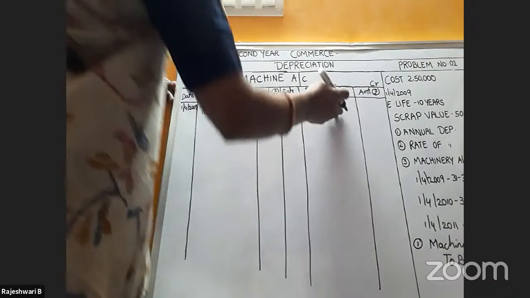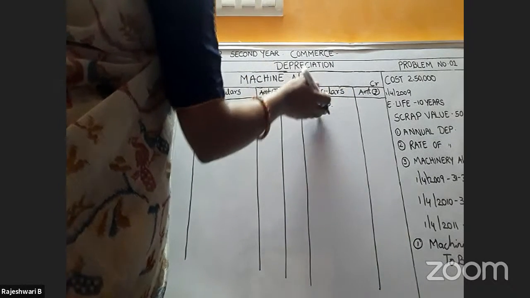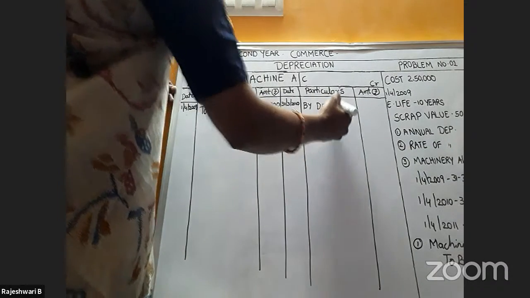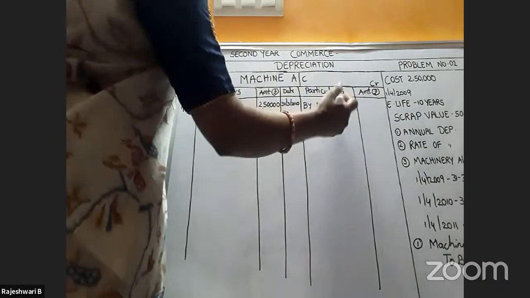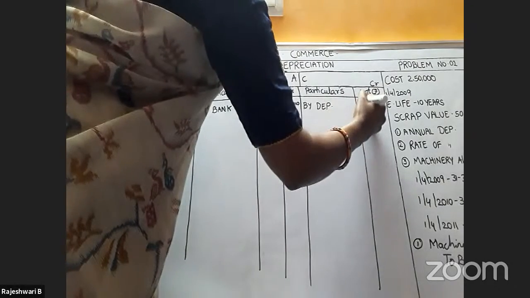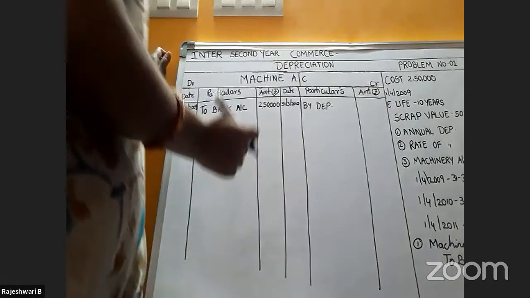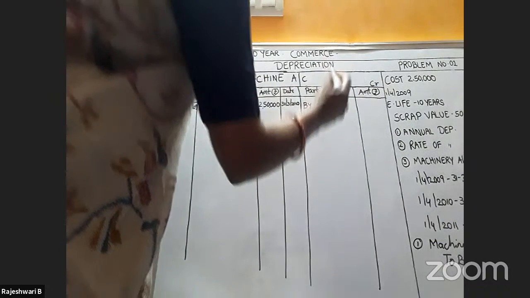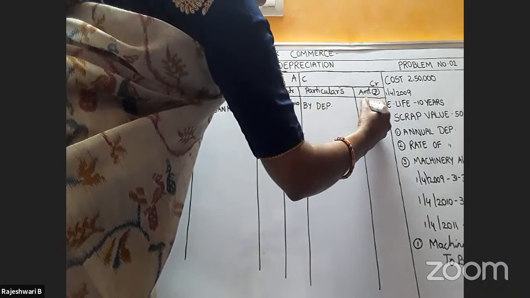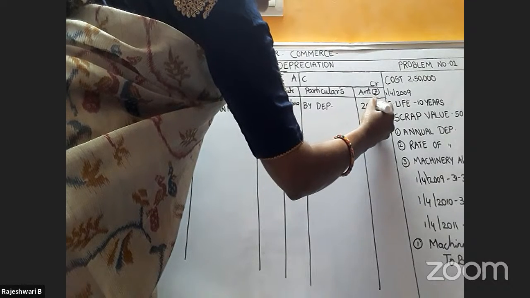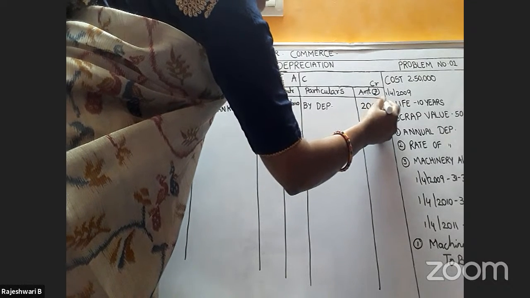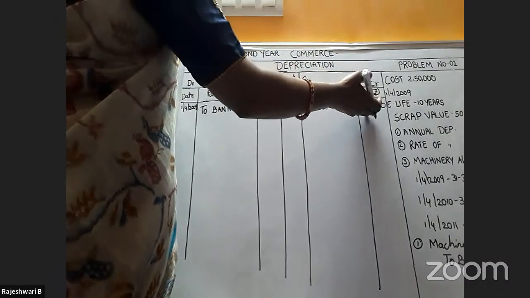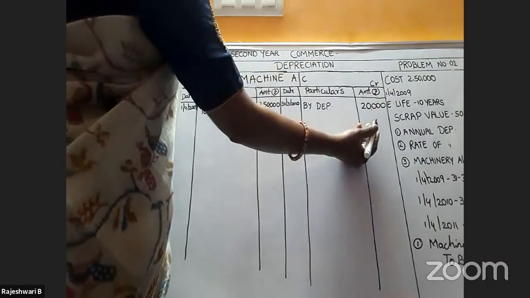Here place is not sufficient, so I wrote the shortcut, depreciation. In your exam, you have to write in full. How much depreciation? We already found out that the depreciation amount is 20,000. We have substituted that amount into the formula, so we got annual depreciation of 20,000.